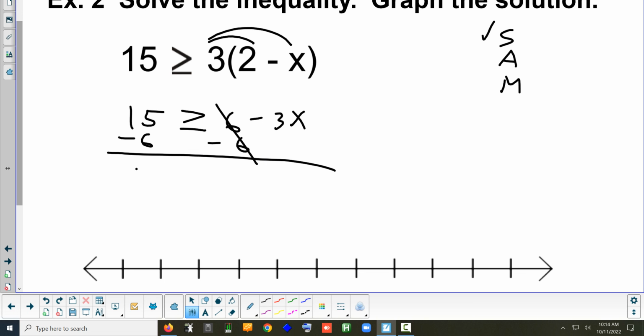Yep, so 15 minus 6 gives me 9. Again, don't flip the inequality because we didn't do any multiplying or dividing yet. And on the right side, Brady, what do I have on the right side? Negative 3x. Good, negative 3x.